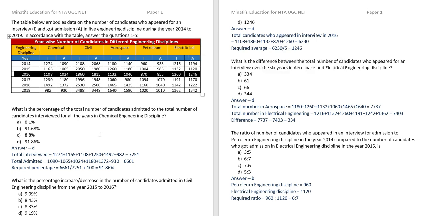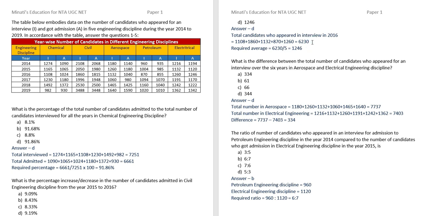Highlighting 2016: 1108 plus 1860 plus 1132 plus 870, only the interviewed part, not the admission part. All the departments, chemical plus civil plus aerospace plus petroleum plus electrical.